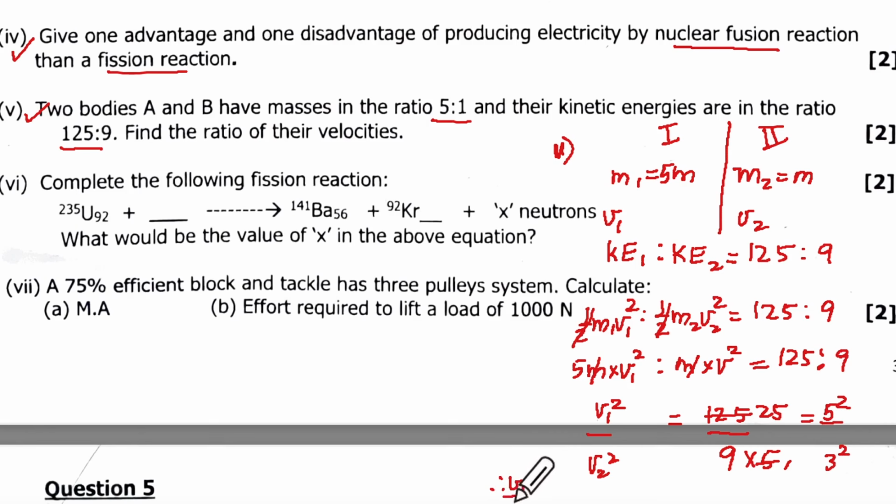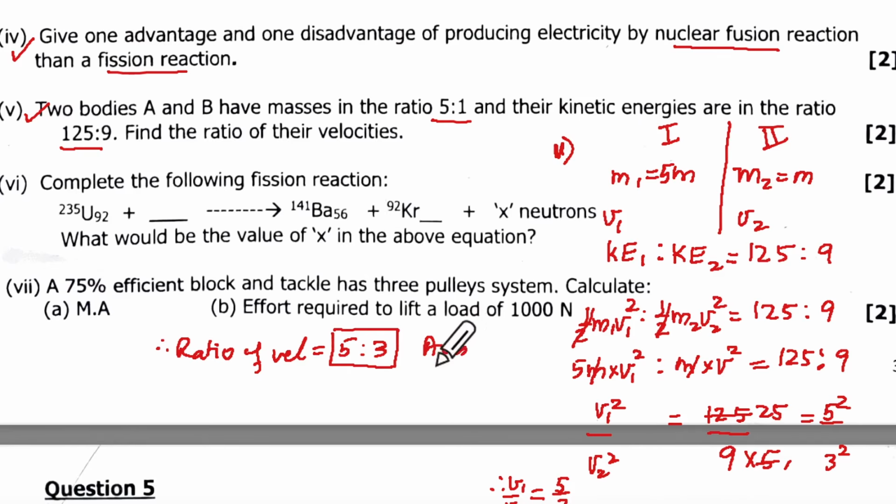Therefore v1 upon v2 is equal to 5 upon 3. So you'll say therefore ratio of velocities is 5 is to 3. You must mention it as a ratio. Do not keep it like so.